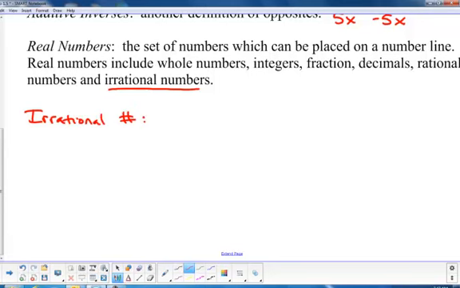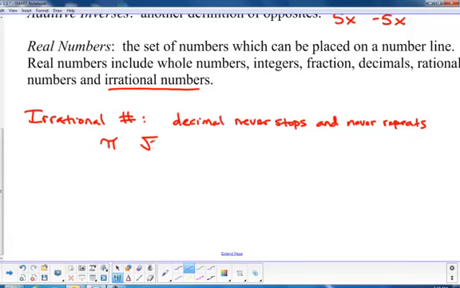An irrational number is a decimal that never stops, that never repeats. I'll go ahead and write that. Pi is an irrational number.